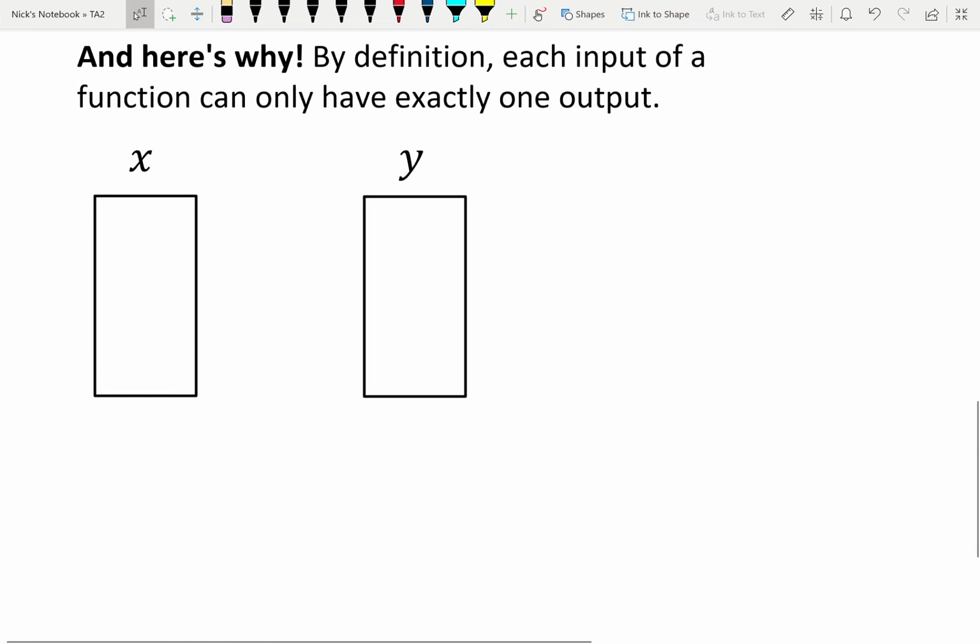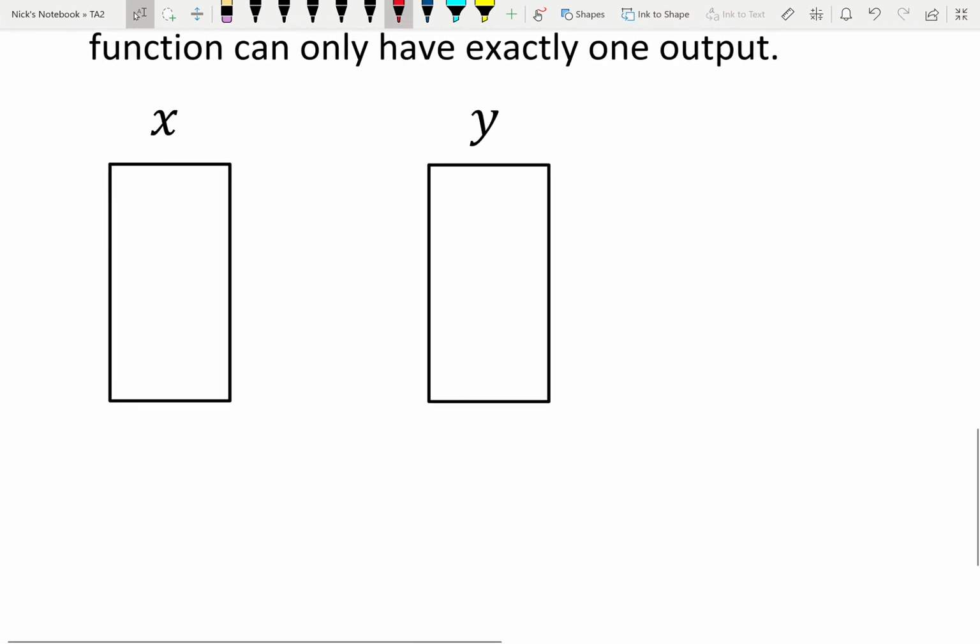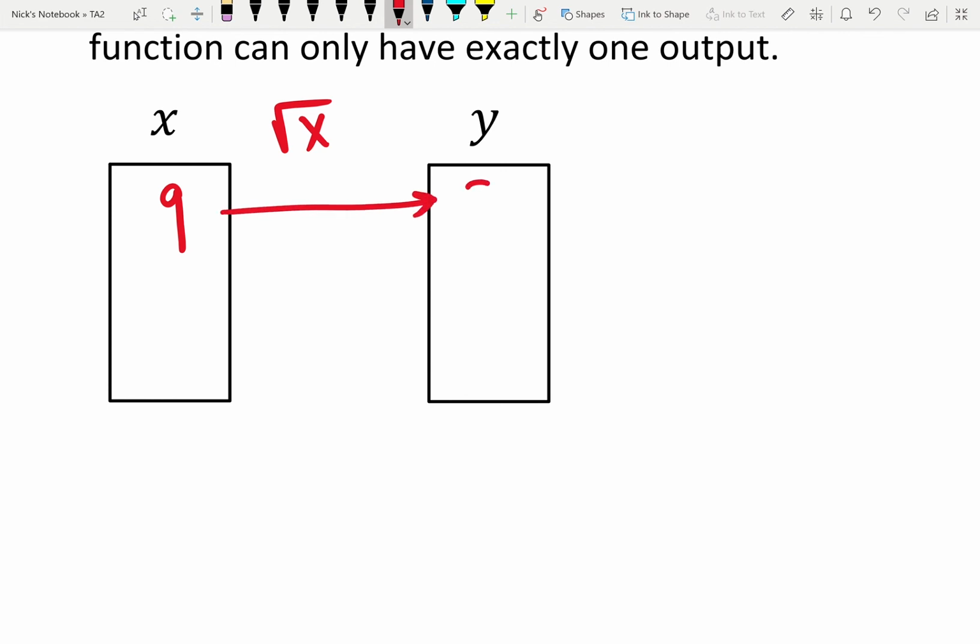So let's take a look. If I decided to plug in 9, and the function is square root of x, we know that the square root of 9 is 3, but you can also do negative 3 times negative 3 to equal 9. So we can also get an output of negative 3.